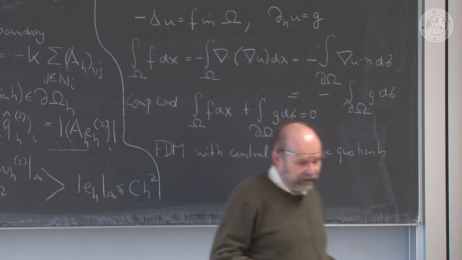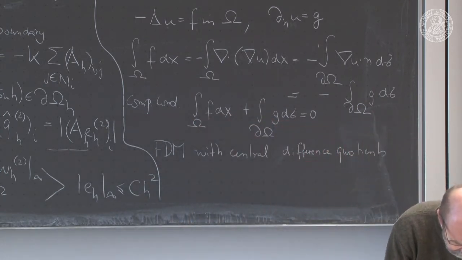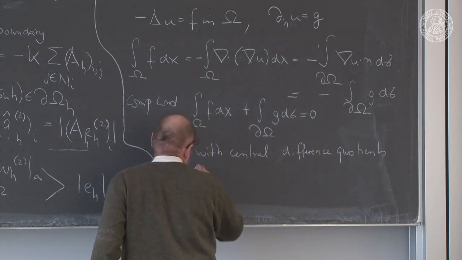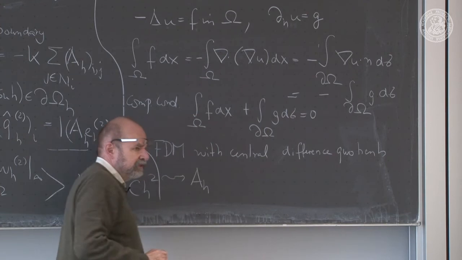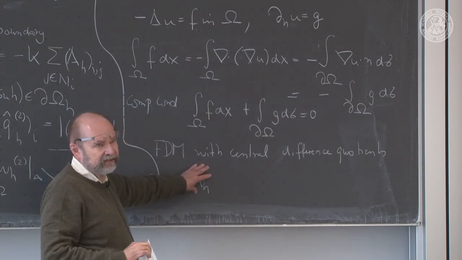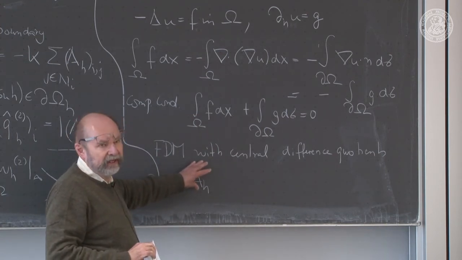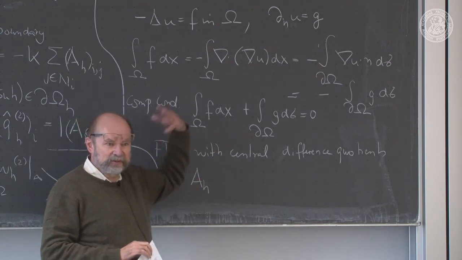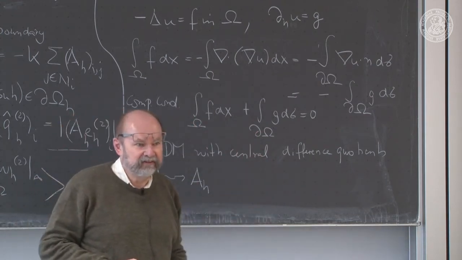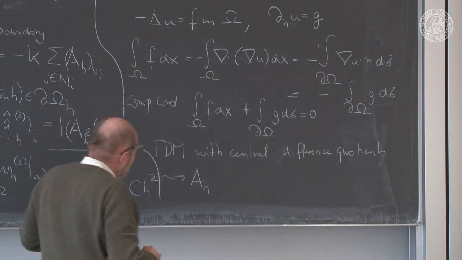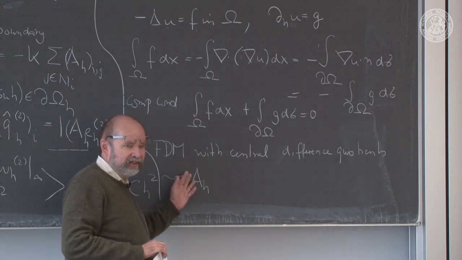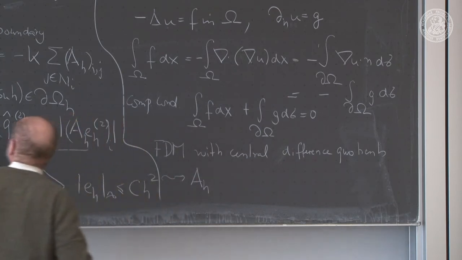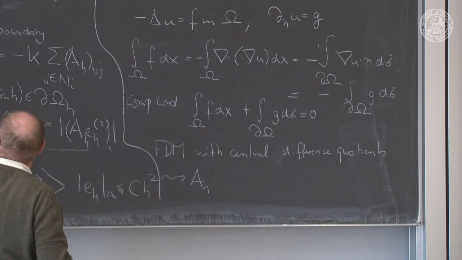Then we get a set of equations, A_h. The special thing of this matrix is now that all row entries add up to 0. It's because nothing in the star, so to speak, is lost. We have no Dirichlet boundary conditions. This means this is not a regular matrix, because the constant 1 vector, where do I have it?